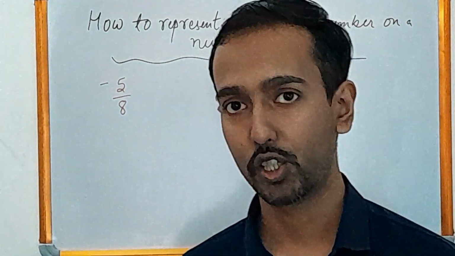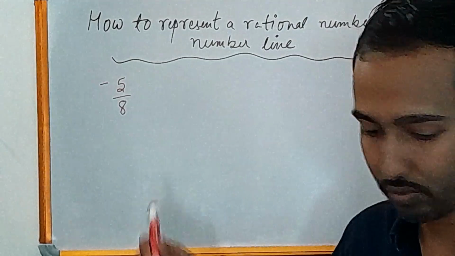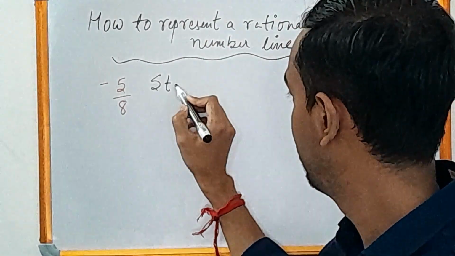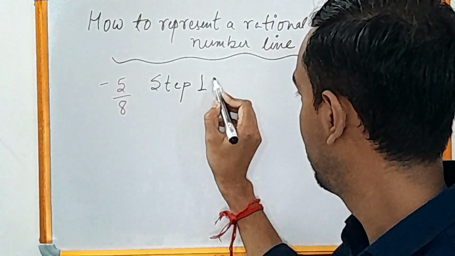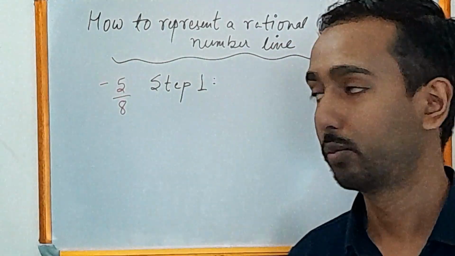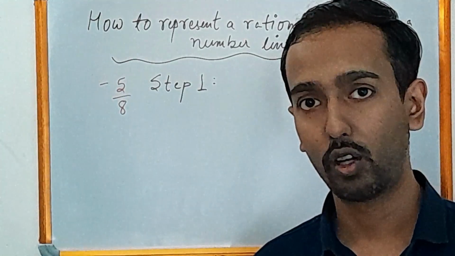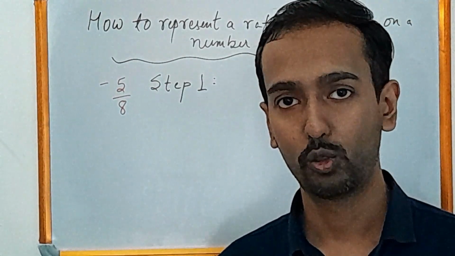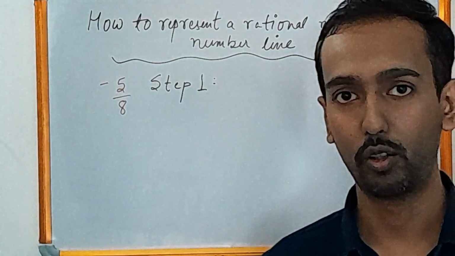So our first step now. Since we see that there is a negative sign in front of the rational number, we know that all negative numbers, negative integers, are marked to the left of 0. So we will mark this -5/8 on the left of 0.